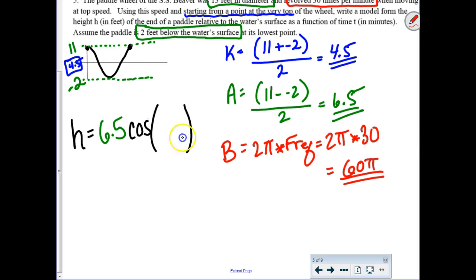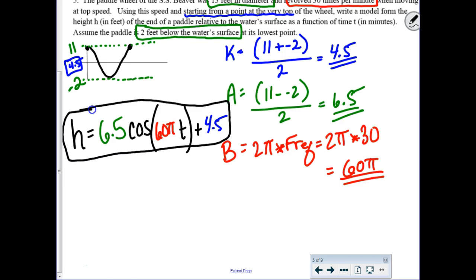The b value comes next, so 60 pi. And then put a t next to that because they want to use t for the variable. And then plus, what's your midline? 4.5. Very good. So that is your formula.